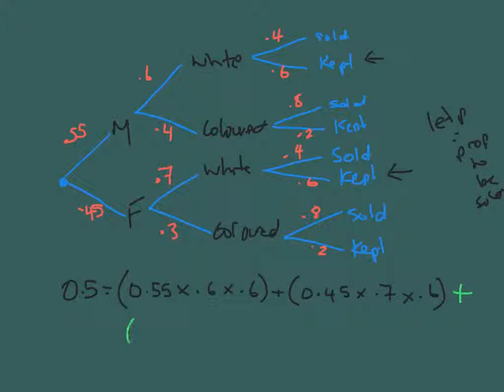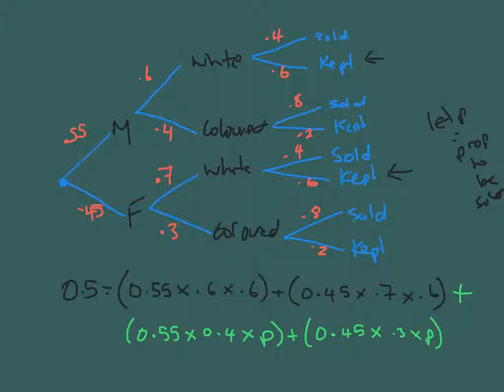We would have 0.55 times 0.4. Now, we don't know how much we're keeping of the coloured one, so we're just going to go times P, because that's the proportion that's not going to be sold. And we do the same for the females. So 0.45 times 0.3 times P, because we don't know what P is.